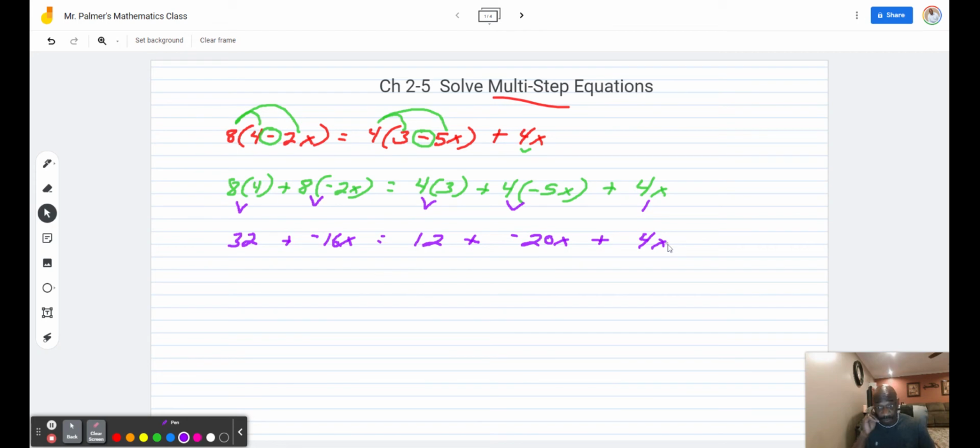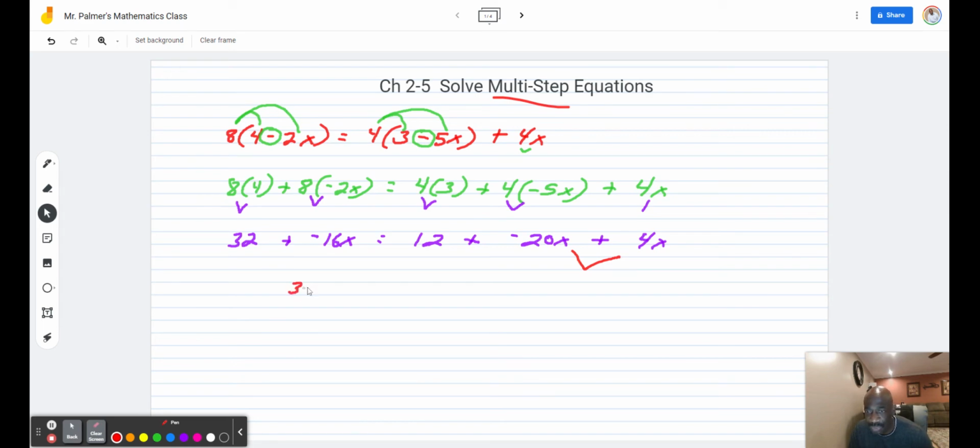Look what we have. I got x's all over the place. What can we combine together on one side that will allow us to do that? This right here. You see that negative 20x and that 4x? That positive 4x and that negative 20x can be combined because they are like terms. So let's bring this other part down.